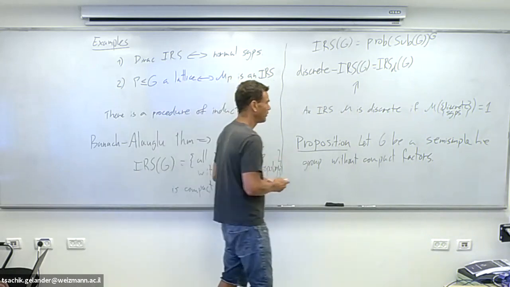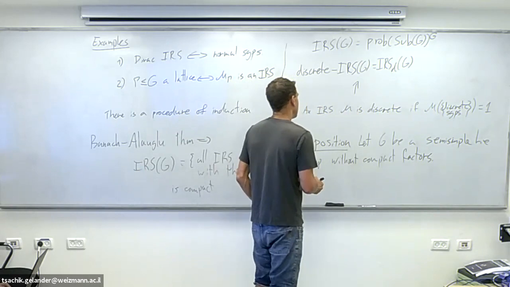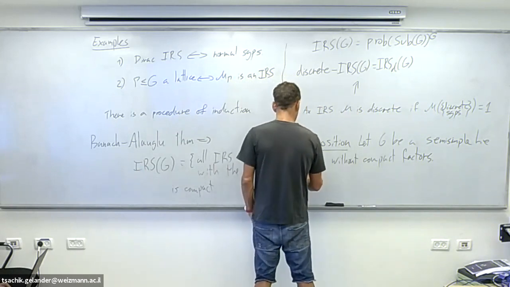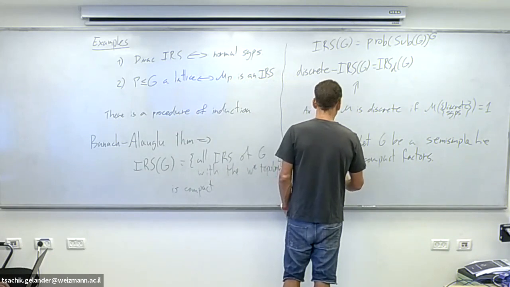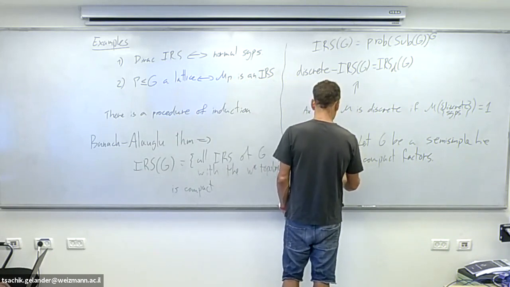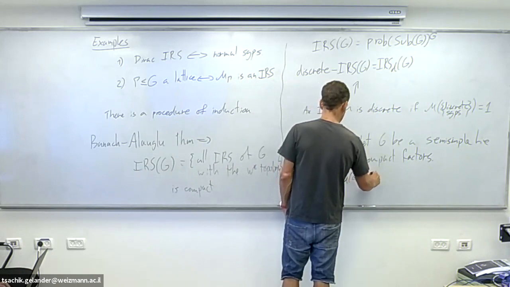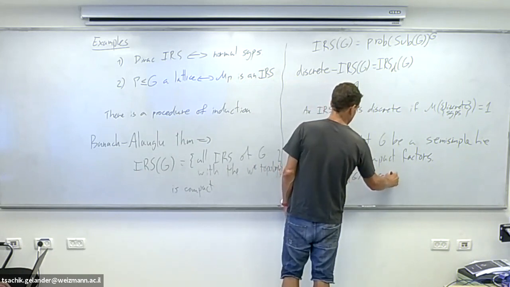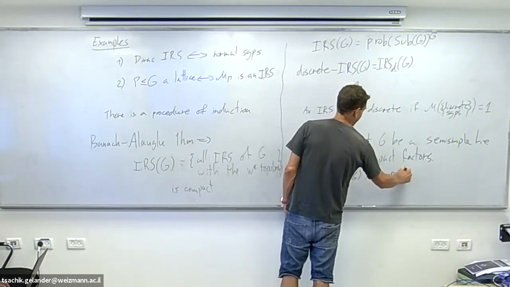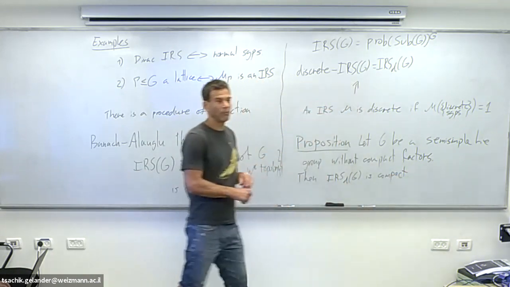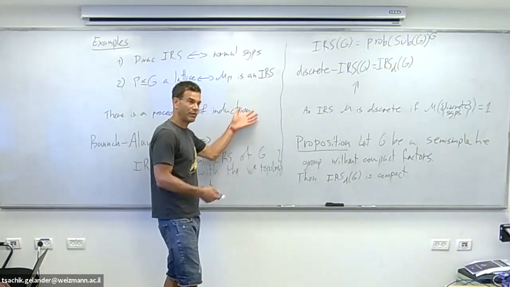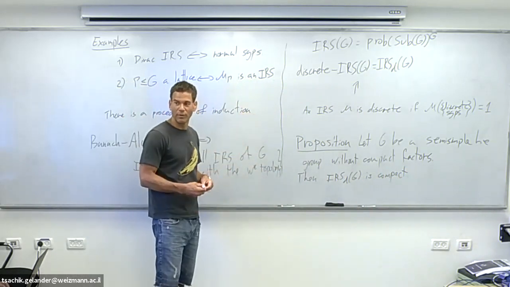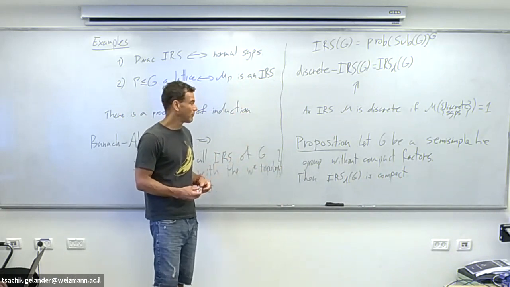In this generality, the space of discrete IRS is compact. The space of discrete subgroups itself is not compact, but the space of discrete measures, the measures that give probability 1 to choosing a discrete group, is compact.